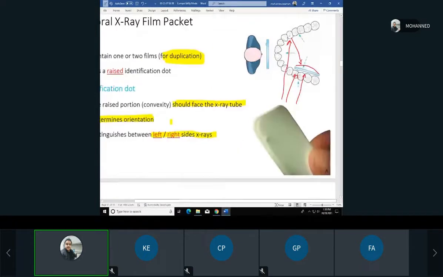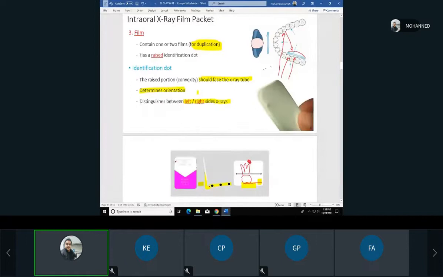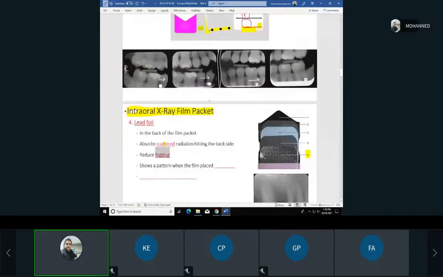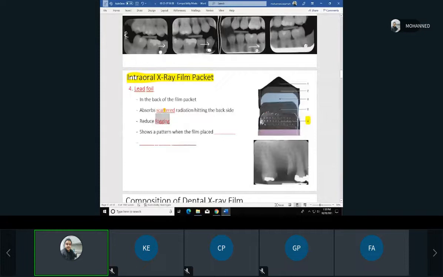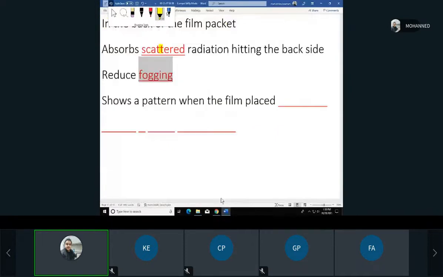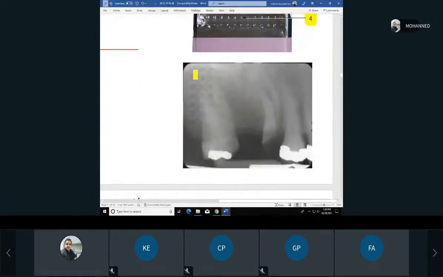Exactly. And now an interesting thing happens when you place the film on the wrong side. If you place the film with this foil facing the tube head, we will have that pattern that is called a herringbone pattern. You see this pattern here? Yeah, that's a herringbone pattern.